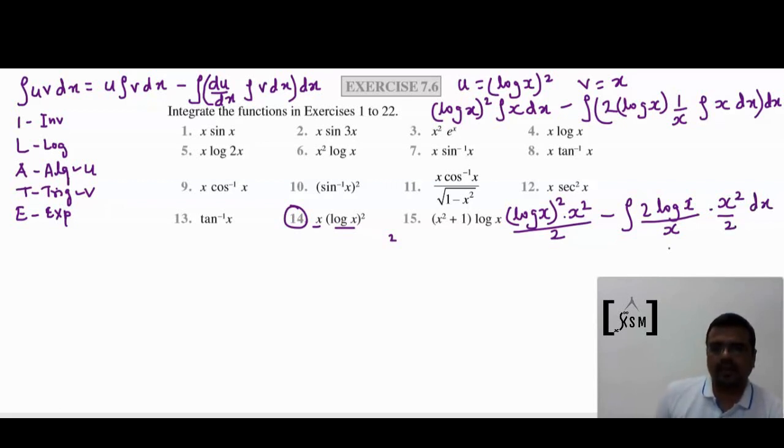So 1 x and 1 x we can cancel, and 2 is cancelled. So we are left with x log x. Guys, please understand, this is again an integration by parts condition. So we will again have to suppose u as logarithm and v as algebra, because log comes first and then algebra. So v equal to x.